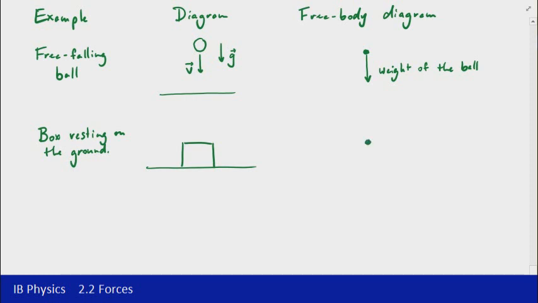If we consider the forces that are acting on it, again we have a downwards force being the weight of the box. Now another thing to keep in mind here, when you're looking at the weight of an object, you could actually say that it's the force of the earth pulling on that object. I'm just going to use weight, it just makes it a little bit quicker and easier to label. The other force that you can consider there though is an upwards force, being the force of the ground onto the box.